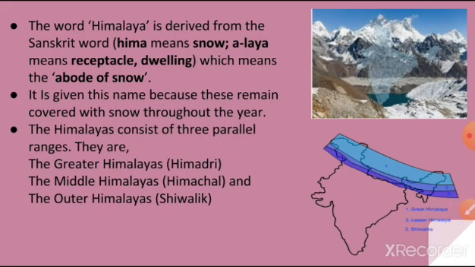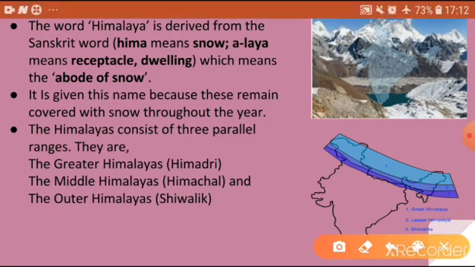The word Himalaya is derived from the Sanskrit word. So, how did we get this Himalaya name? It is derived from the Sanskrit word that means H-I-M-A. Hima means snow.